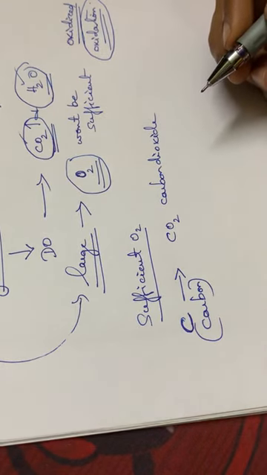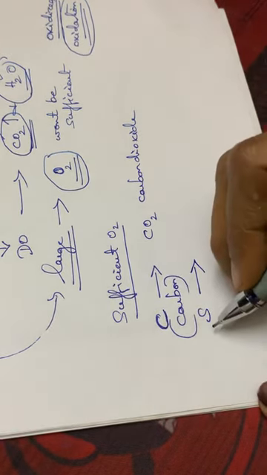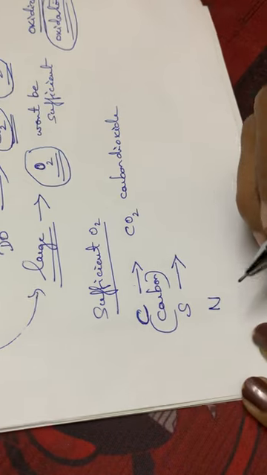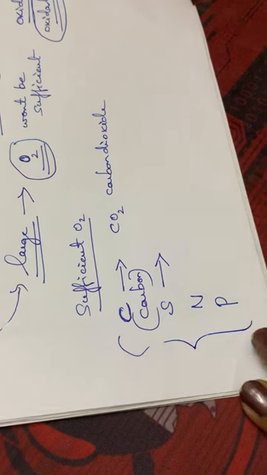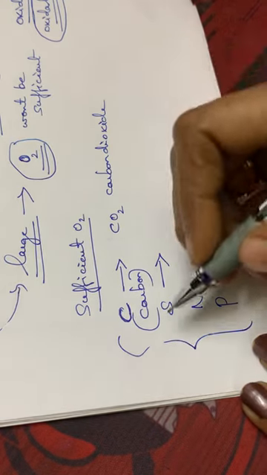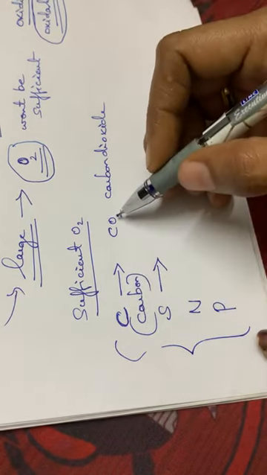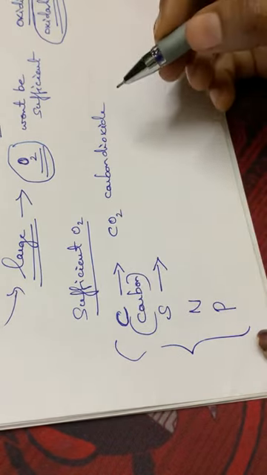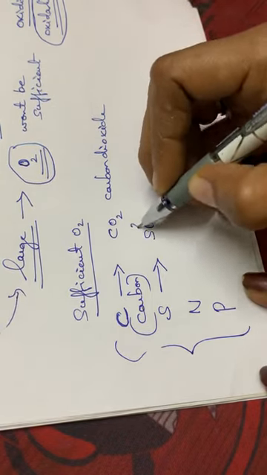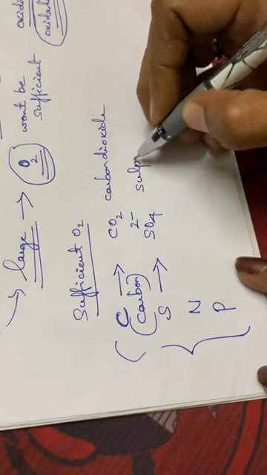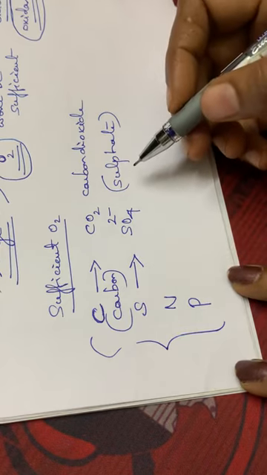Organic compounds have all these elements: carbon, sulfur, nitrogen, and phosphorus. If sufficient oxygen is present, the carbon will be oxidized to carbon dioxide by bacterial action. Sulfur will be converted to sulfates, SO4 2-.